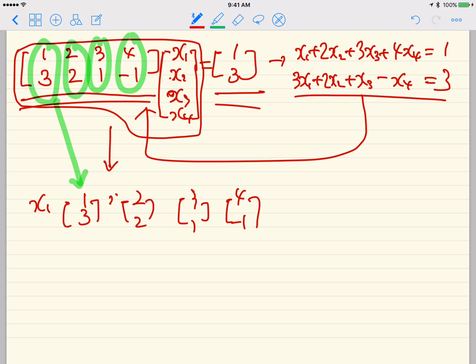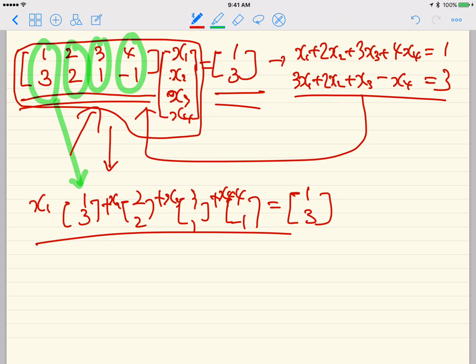Then x1, x2, x3, x4, and we all sum them up, right? So this guy should be the same as this guy. So this was the form of vector equation. So this guy is a matrix equation, and this guy is called a vector equation.